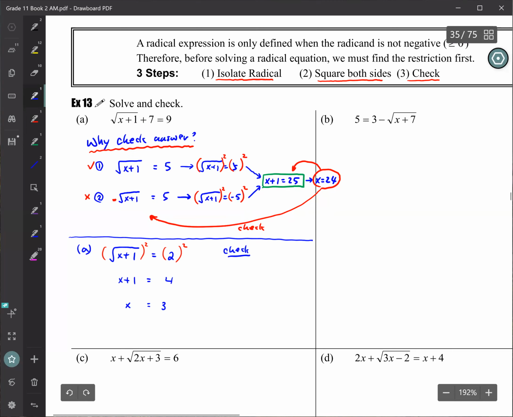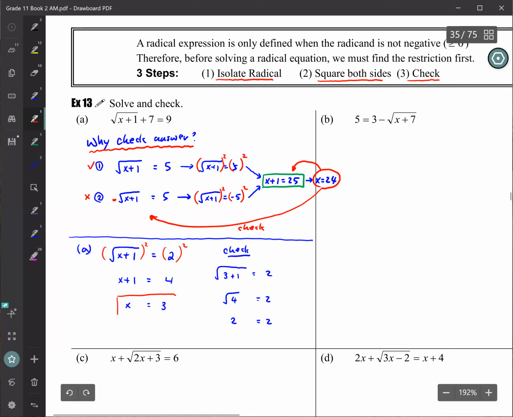When we check, we plug into the question. So we have square root of 3 plus 1 plus 7 equal to 9, right? We want to see if the left side equals the right side. So 3 plus 1 is 4, square root of 4 is 2, equal to 2. So 2 equals 2. So it checks.